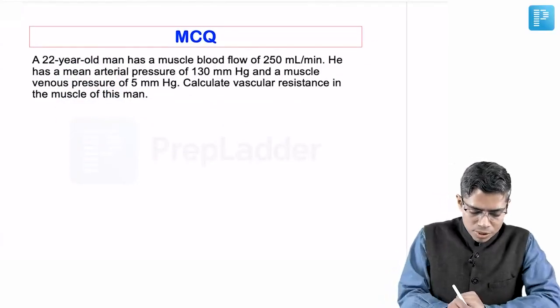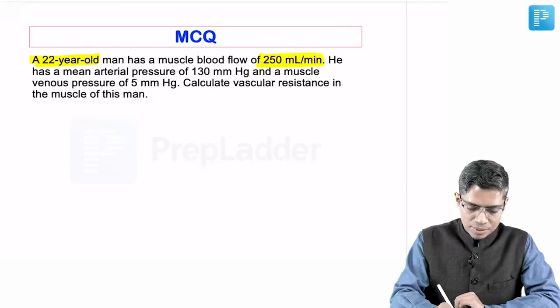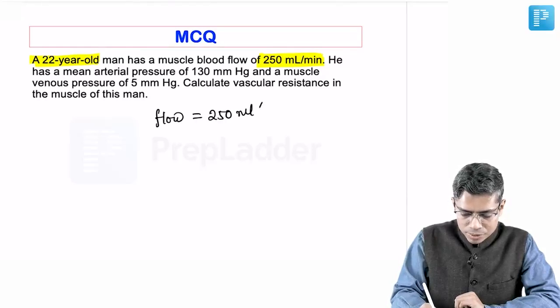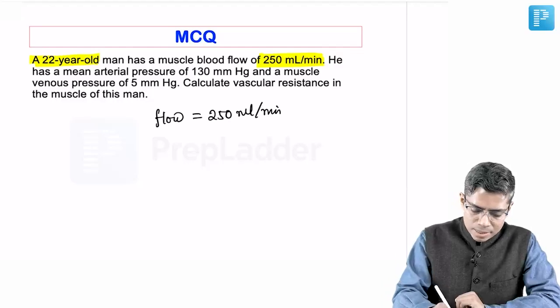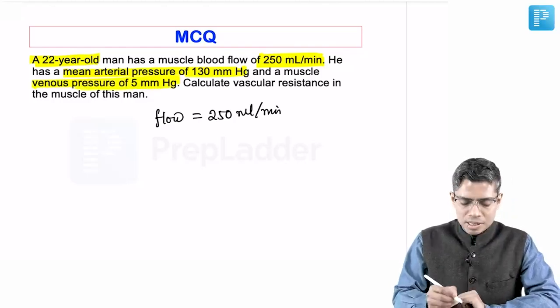So a 22-year-old man has a muscle blood flow of this. So the flow is given, that is 250 ml per minute. He has a mean arterial pressure of 130 millimeter of mercury and a venous pressure of 5 millimeter of mercury.